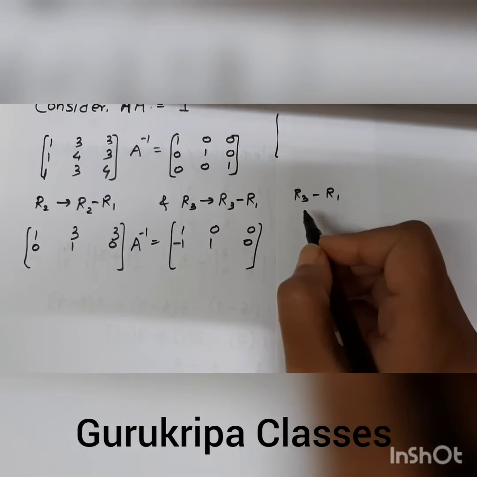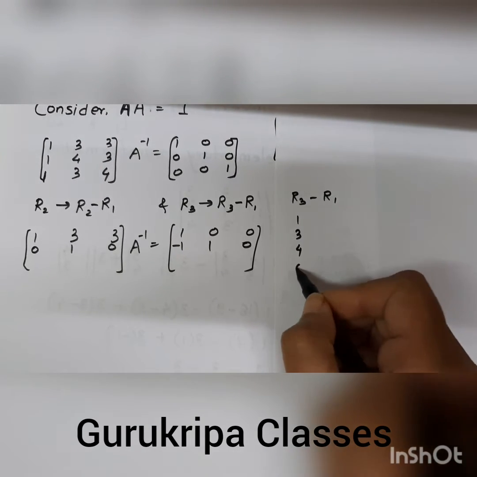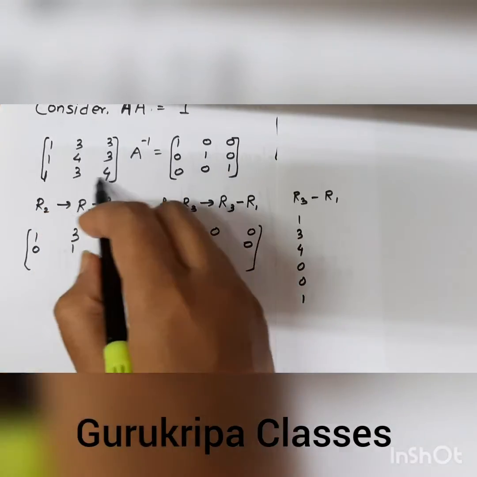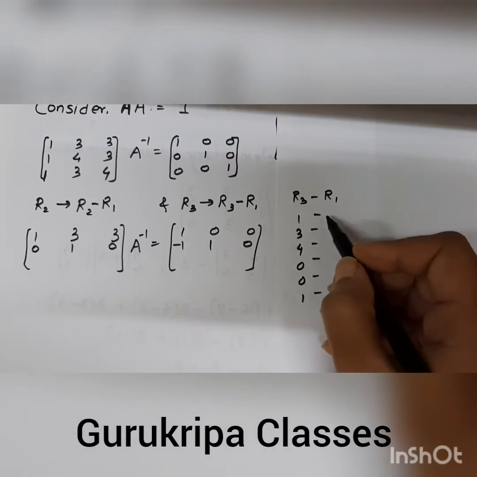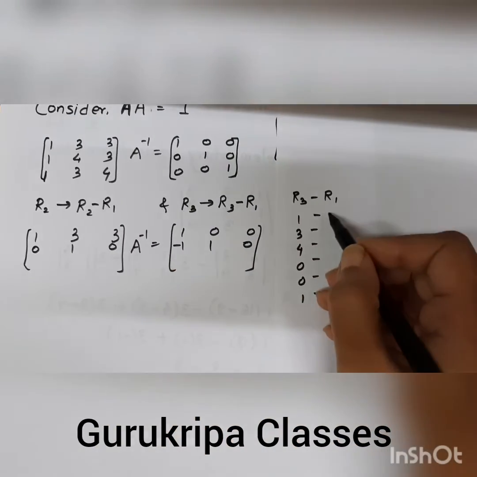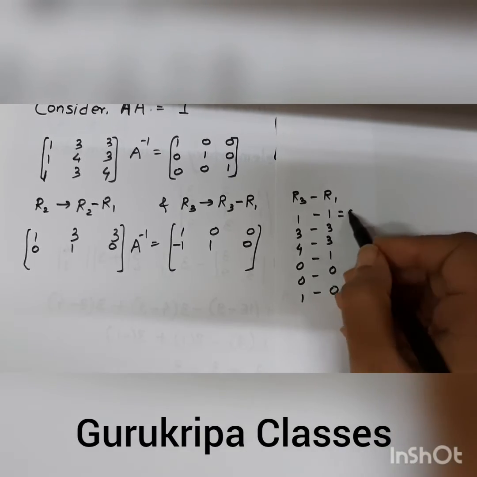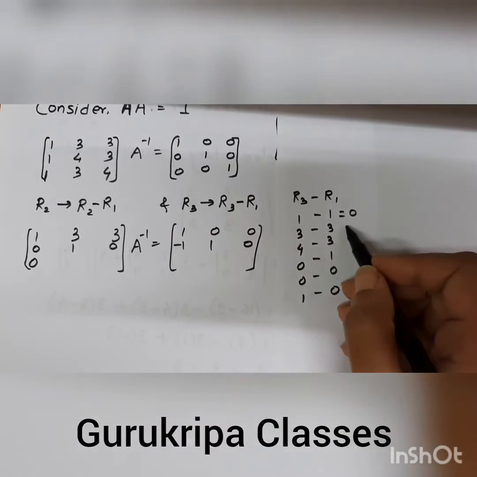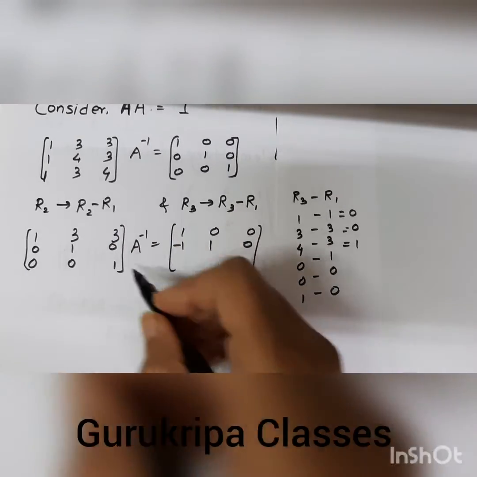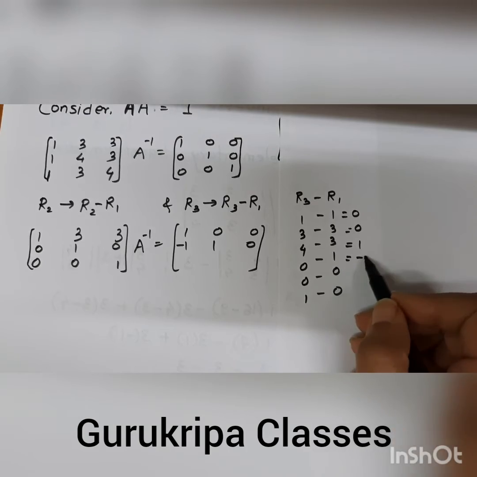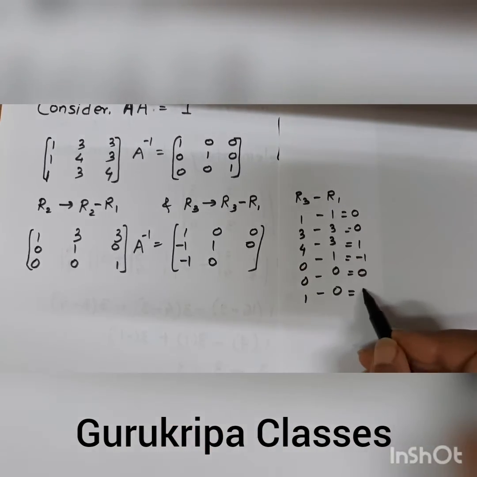The elements of R3 are 1, 3, 4, 0, 0, 1, minus the elements of R1: 1, 3, 3, 1, 0, 0. So 1 minus 1 is 0. 3 minus 3 is 0. 4 minus 3 is 1. 0 minus 1 is minus 1, 0 minus 0 is 0, and 1 minus 0 is 1.